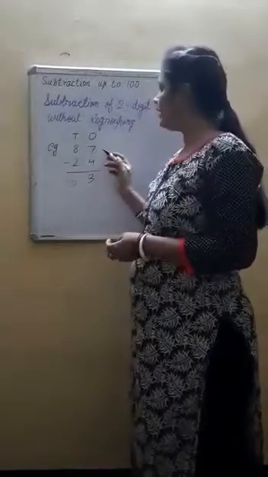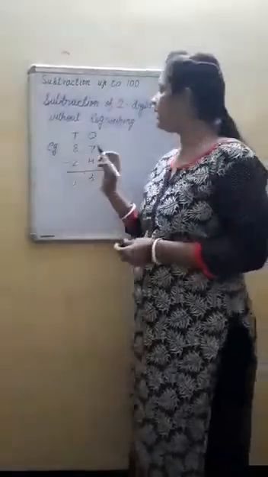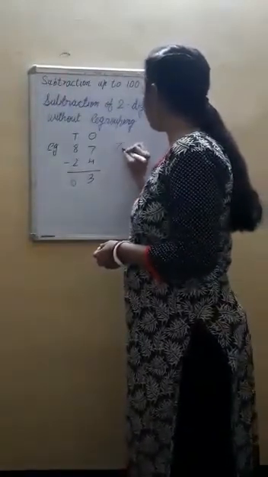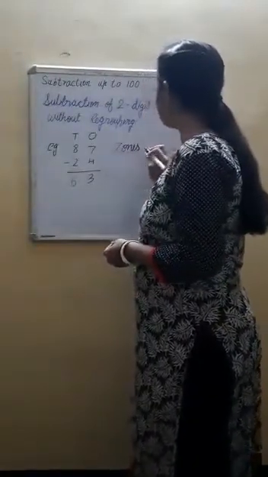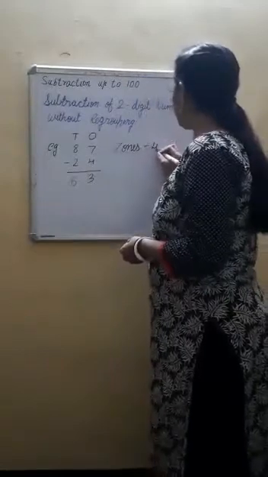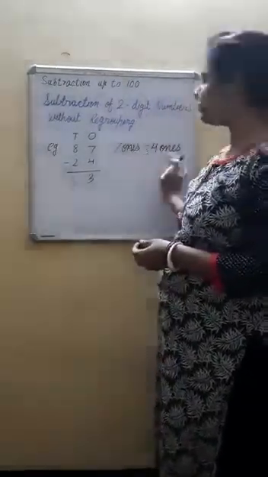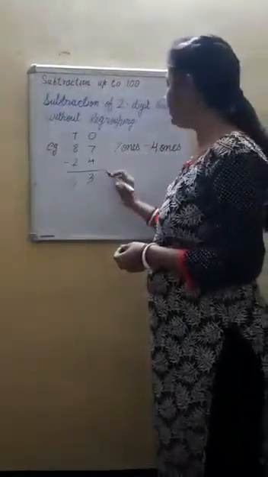Here you can see that we don't need to do any regrouping. Means we have subtracted 7 ones minus 4 ones. So when we subtract 4 ones from 7, we got 3 ones.